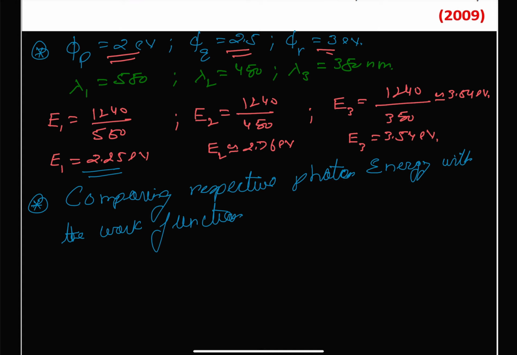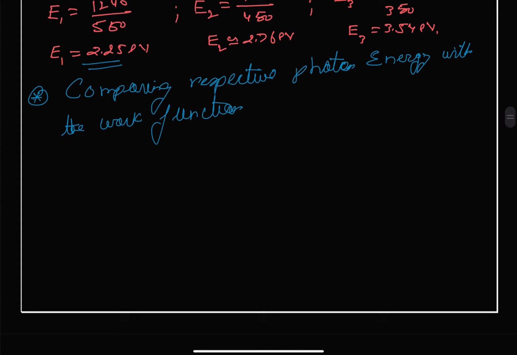From here we can say that our E1, E2 as well as E3 are greater than the work function for the plate P. So we can say E1, E2 as well as E3, all these are greater than the work function for plate P. Therefore, we can say that the wavelengths lambda 1, lambda 2 as well as lambda 3 cause emission.